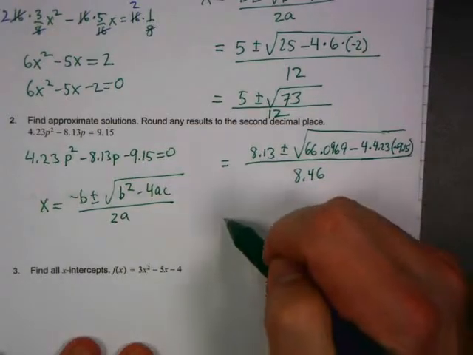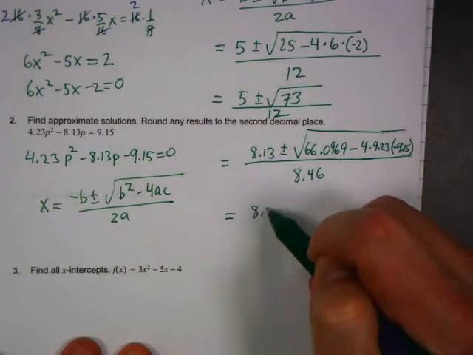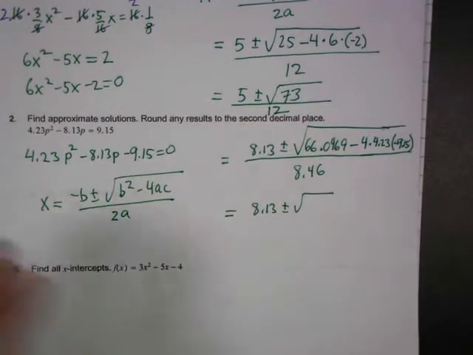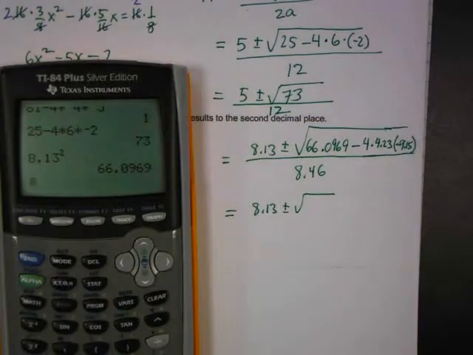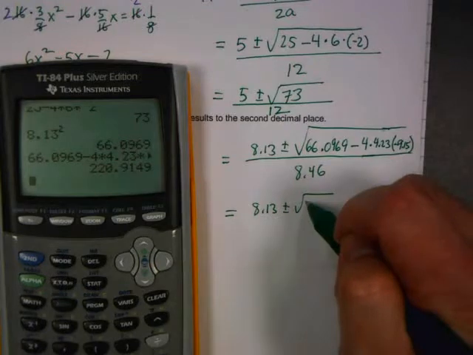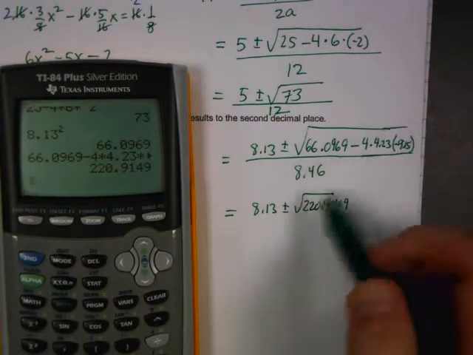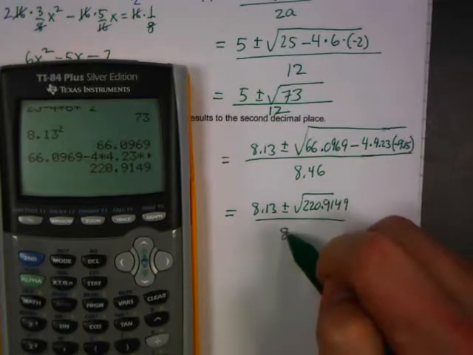All right, so calculator time, that's 8.13 plus or minus square root of 66.0969 minus 4 times 4.23 times negative 9.15. Calculator says 220.9149 all divided by 8.46.